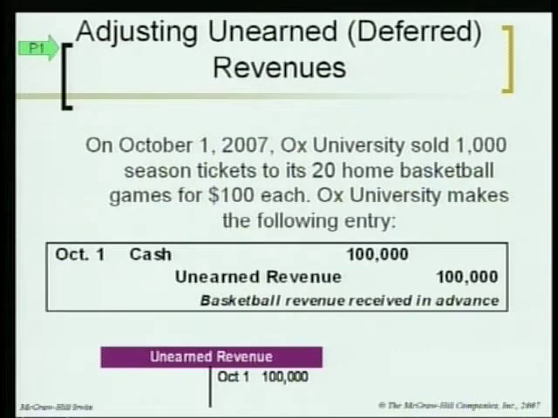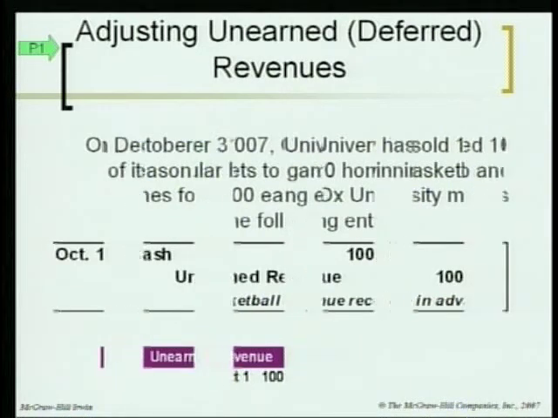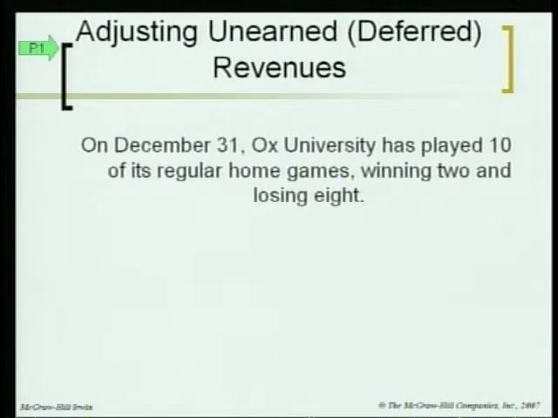Why did they book that as unearned revenue liability? What service have they not yet provided? The actual games themselves. They have not provided the actual games themselves. So that's for 20 home basketball games, the $100,000 is. On December 31, they have played 10 of those 20 regular home games.